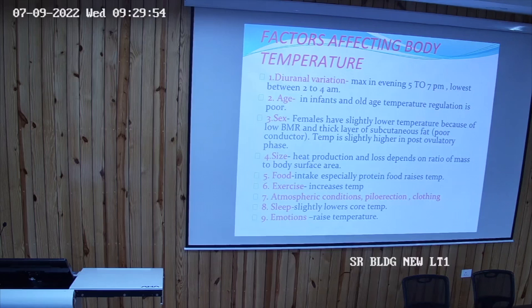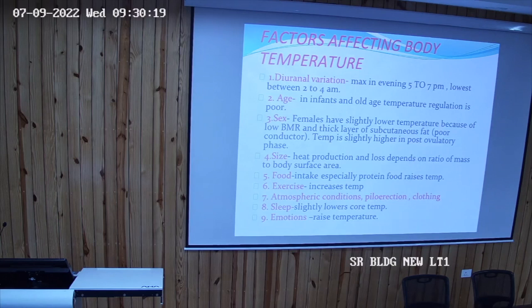The hormone that comes into action is progesterone. So slowly, with the steady cycle of menstrual phases, the temperature starts increasing. Post ovulatory, for 24 to 48 hours, the temperature increases by 0.5 degree centigrade or 1 degree Fahrenheit.